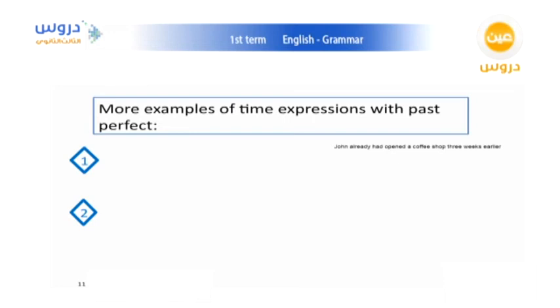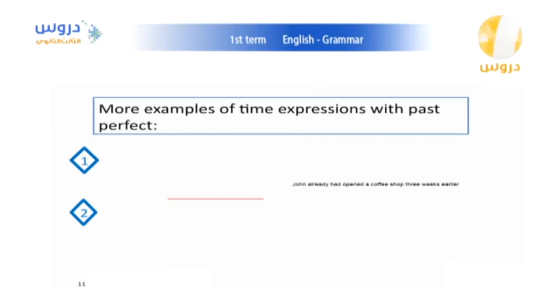So this could be an example. So John already had opened a coffee shop 3 weeks earlier. So here is the past perfect. Okay, great.